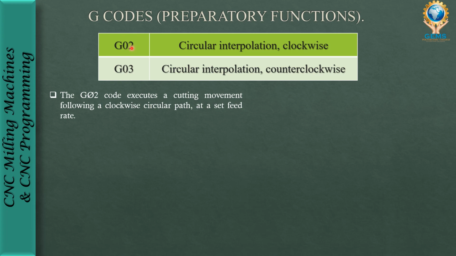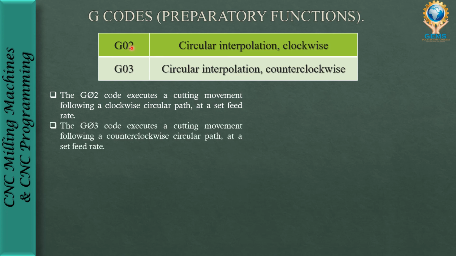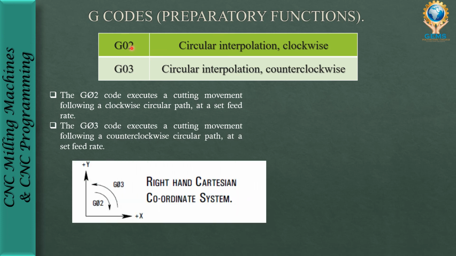If you want any radial cut or arc, we can use G02 and G03: G02 is for clockwise movement and G03 is for counterclockwise movement. If you have a corner edge or an inside curve, and you want to take a cut in a clockwise movement, you can use G02, and for a counterclockwise movement, you can use G03.